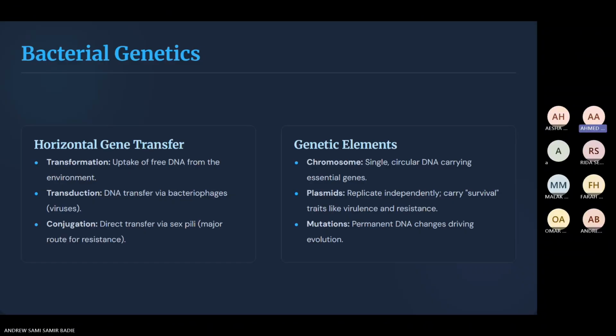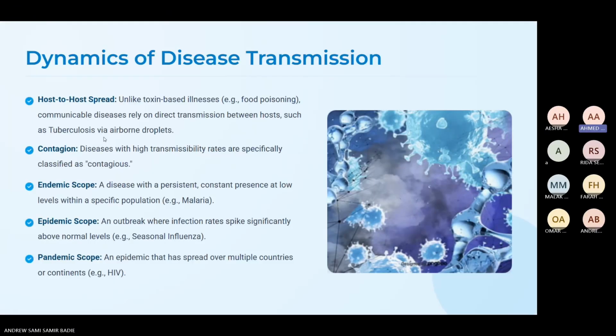Okay, so the next slide is going to talk about the dynamics of disease transmission. First of all, we have host to host spread. Some illnesses, like food poisoning from bad food, can rely on passing the disease from one person to another.